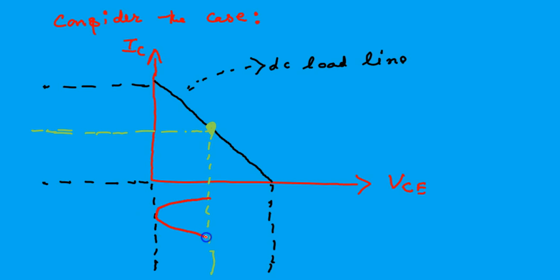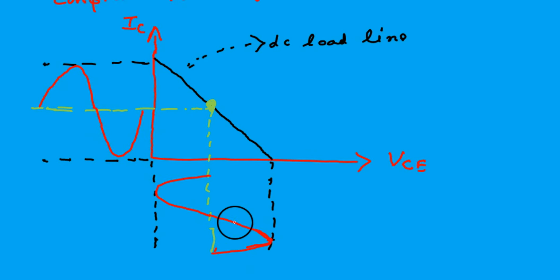Here the collector emitter voltage is varying like this, with the result that the collector current will vary like this.